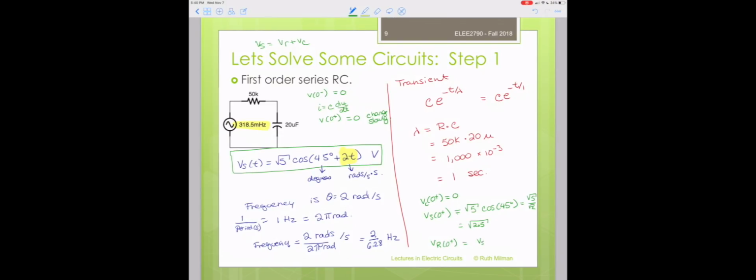So we're going to take the initial conditions. Of course, the initial condition on the capacitor is 0, so therefore VR at 0+ has to equal Vs at 0+, which has to equal the square root of 2.5 volts. So now we know all of our initial voltages.